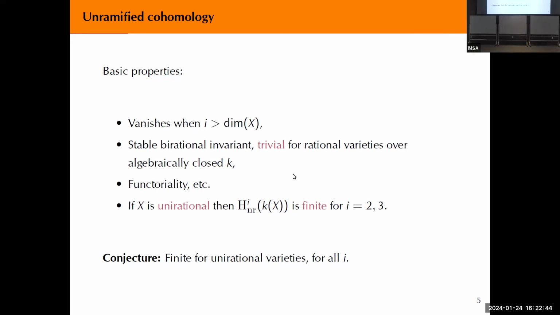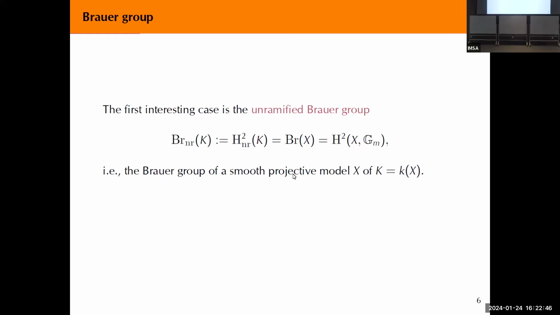But of all of those, the most important in applications turns out to be the unramified Brauer group of the function field, which turns out to be the honest Brauer group of a smooth projective model of the function field. And as I said, in the examples we have in mind, you don't really want to work with smooth projective models. So that's the correct definition.